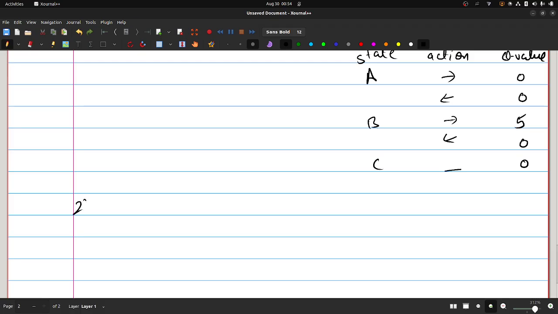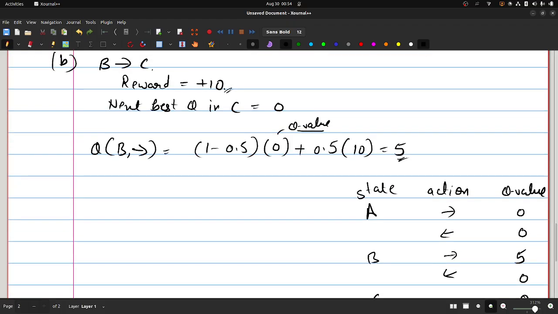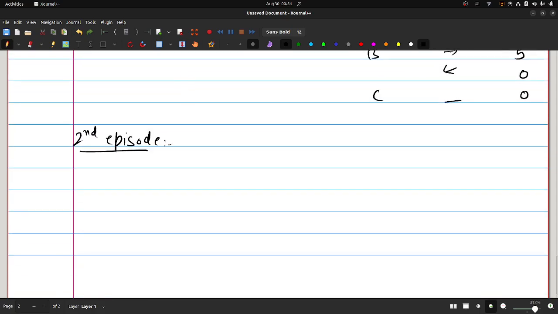Now let us go to the second episode, because in this episode we have reached C. Once it reaches C, the episode will end. Now we have to again start from A in the next episode. So from the first step, the agent is going from A to B, reward is 0.